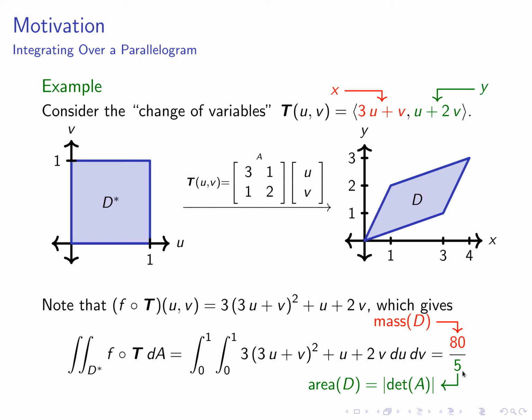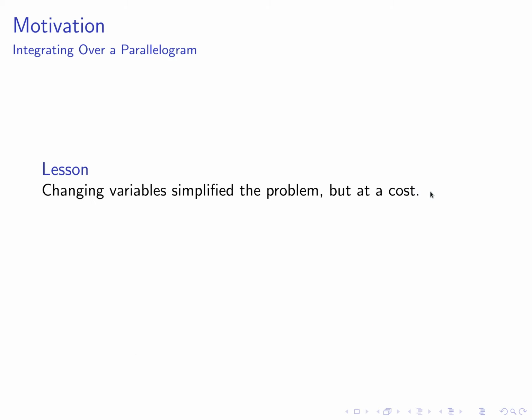So it seems like there's some relationship after this change of variables where our new integral is producing the mass, but it's divided by the area somehow. So even though this is a good idea, it doesn't actually address our problem, because we end up with an answer that's sort of thrown off. But it is useful to notice that this answer is related to the actual answer, which is 80.